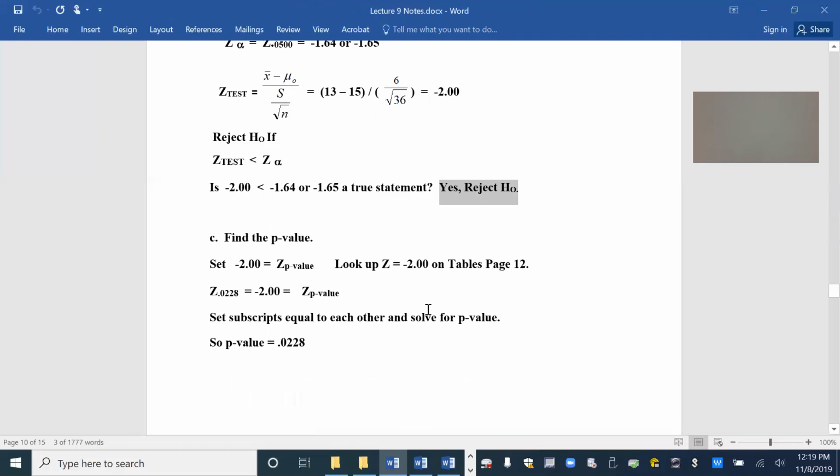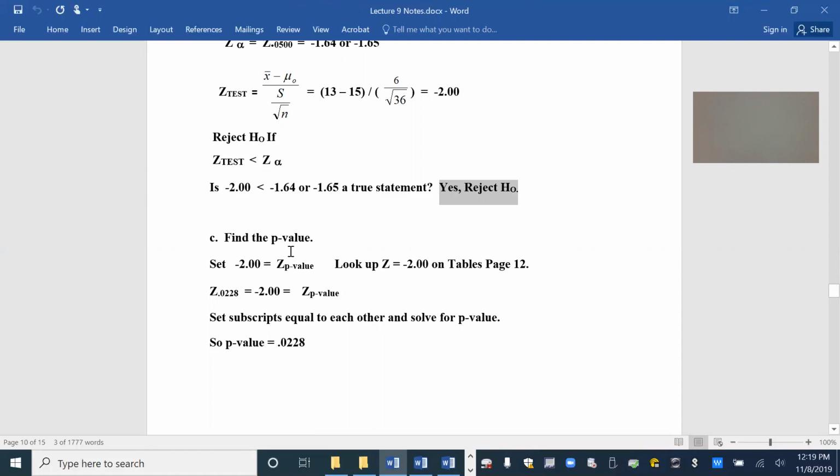Last thing, how sure are we that they are lying? And that's a p-value. A p-value is, okay, what is the chance that they're lying? So how do I find a p-value?